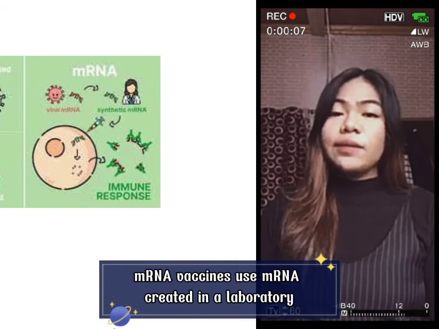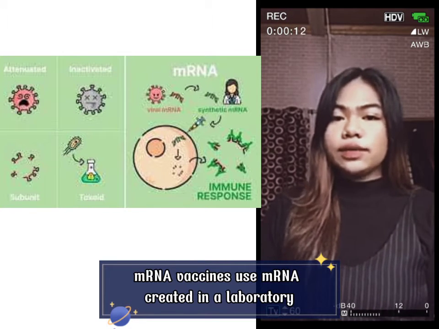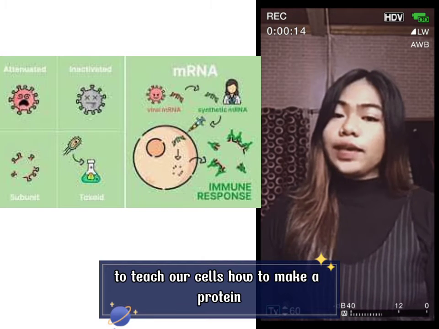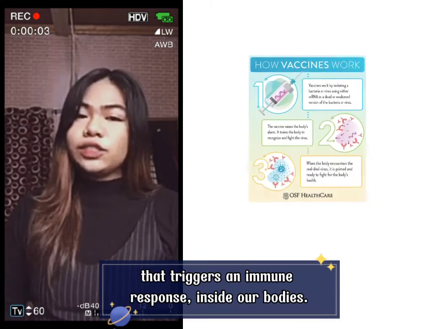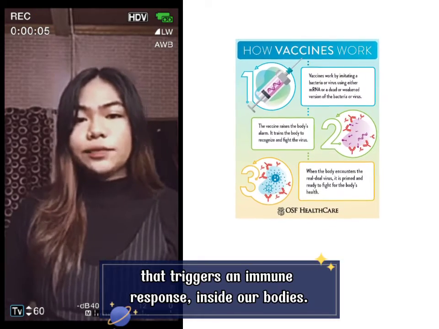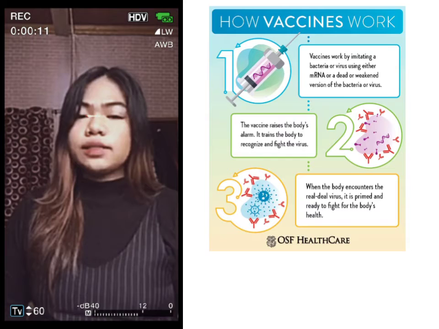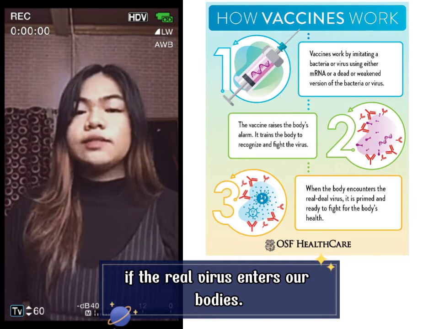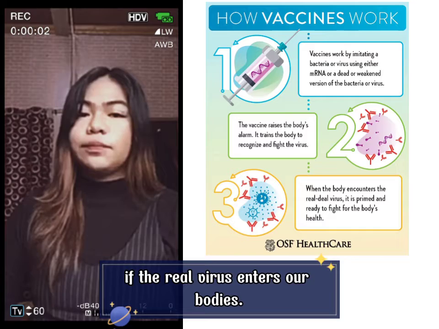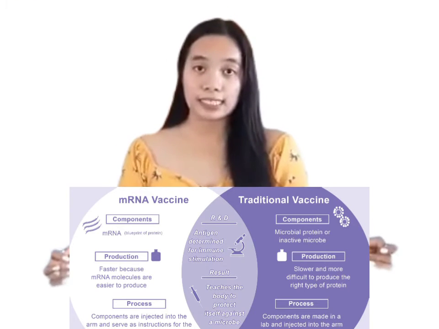Instead, mRNA vaccines use mRNA created in a laboratory to teach our cells how to make a protein, or even just a piece of a protein, that triggers an immune response inside our bodies. That immune response, which produces antibodies, is what protects us from getting infected if the real virus enters our bodies.